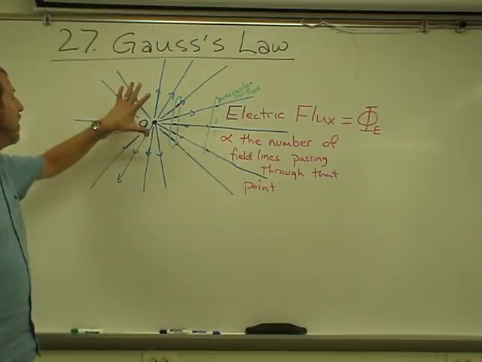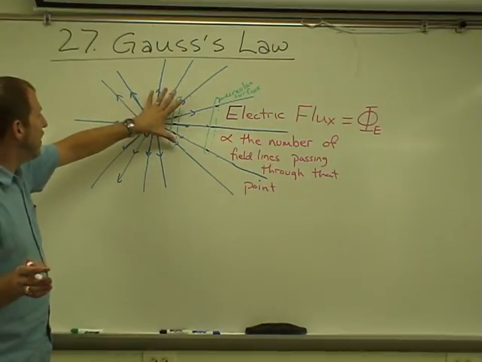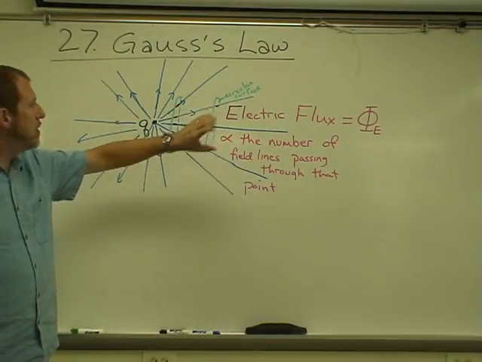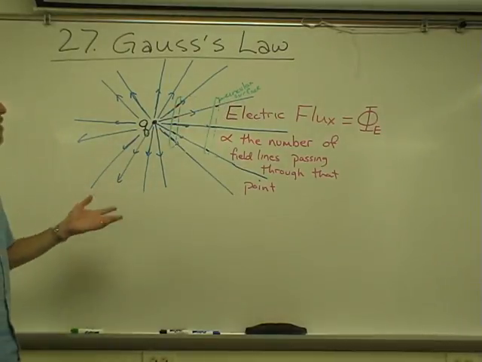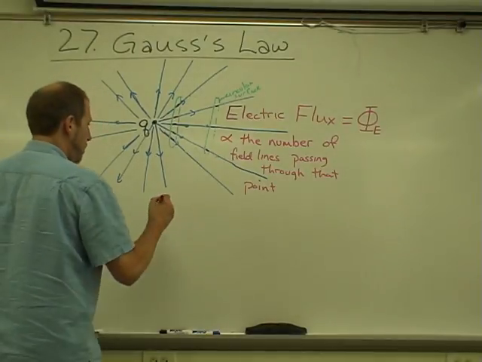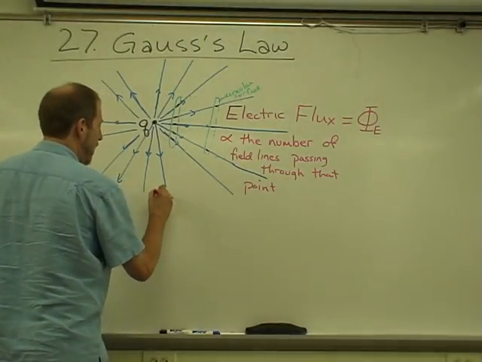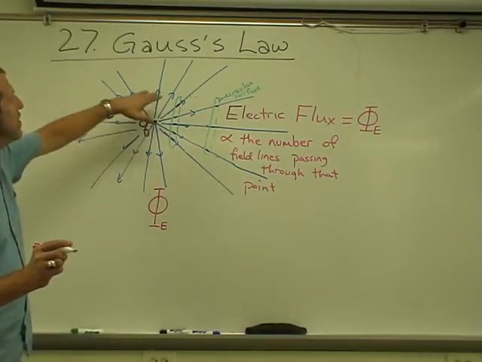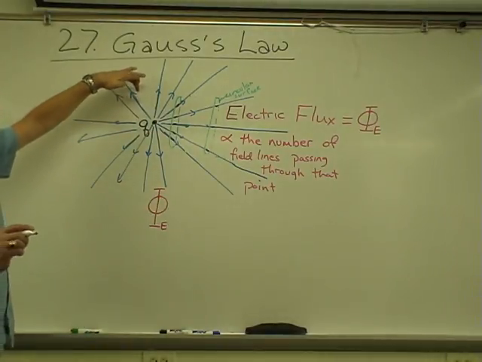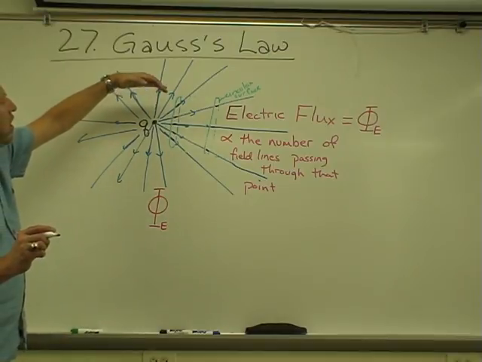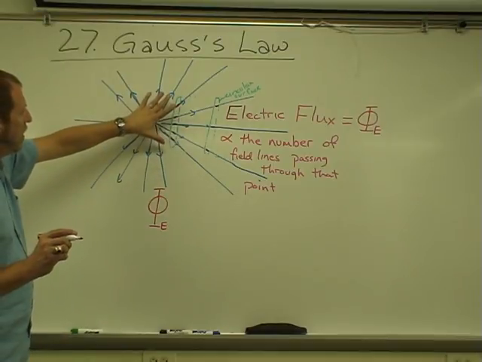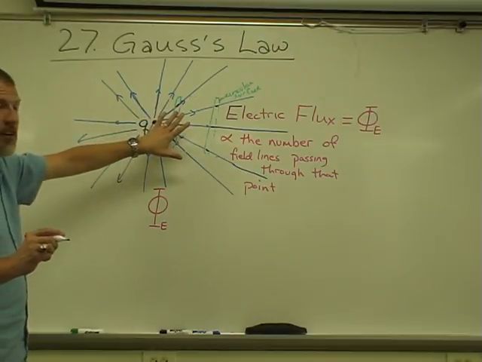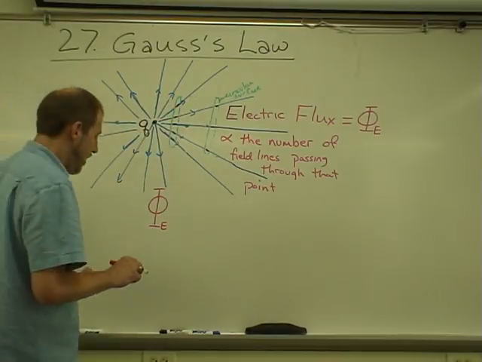I could have drawn this with 10 field lines, and this would have been like 6 or 7, or some different number. But I can look at that and say that electric flux has something to do with the number of electric field lines passing through it. So it's got something to do with the electric field and the area.